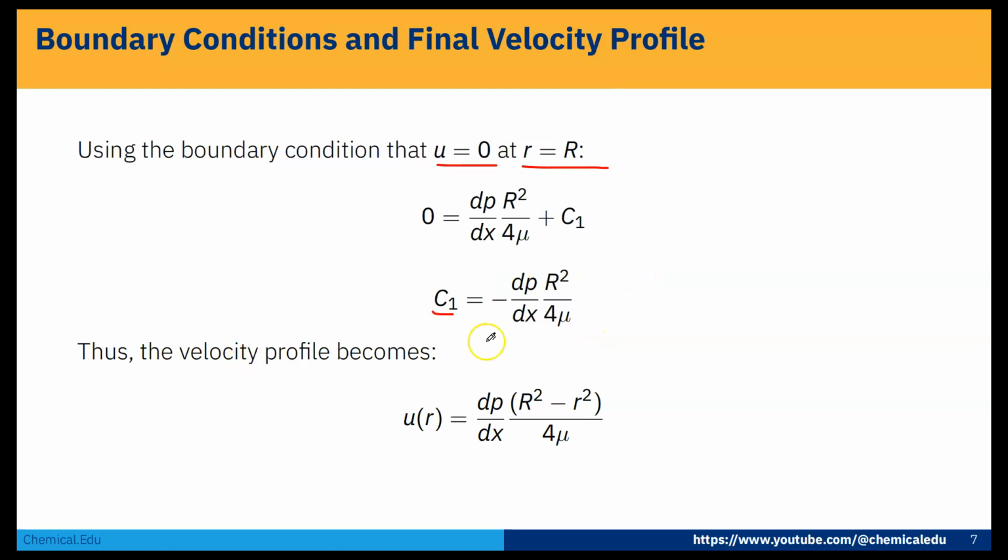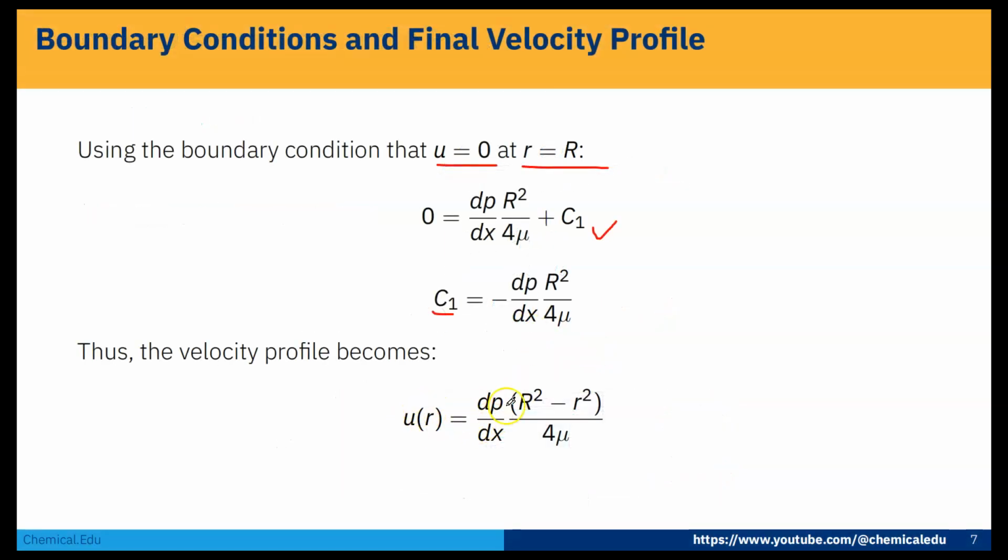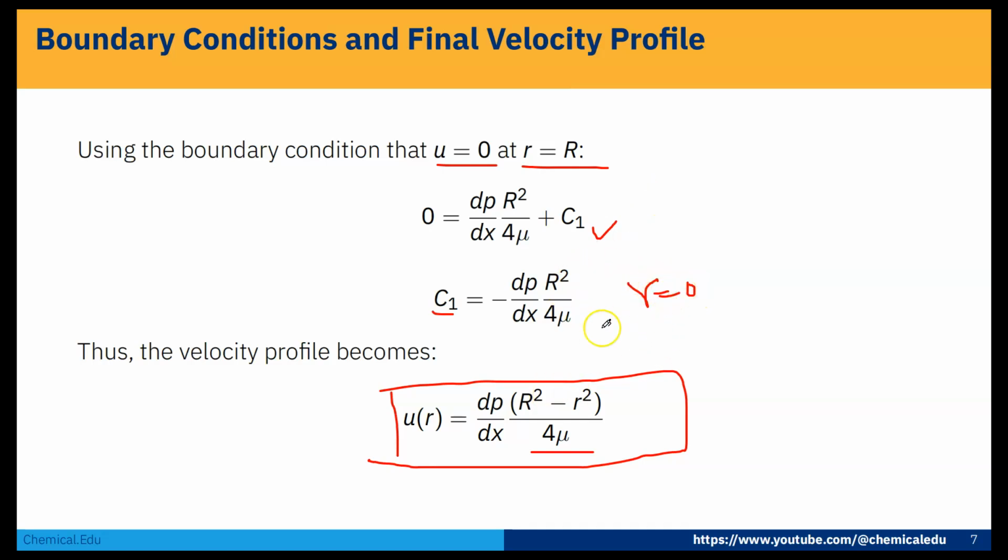Now if we plug that c1 in that equation, we get u of r is equal to dp by dx times capital R square minus small r square, by 4 mu. So this is the velocity profile we got. Now here, if r is equal to 0, what will happen? u will be u max.